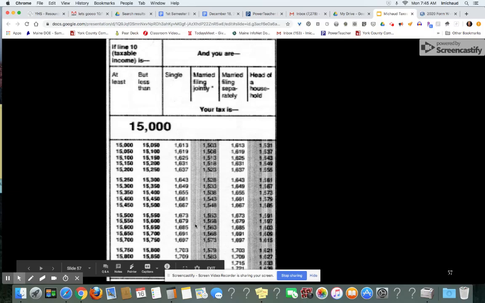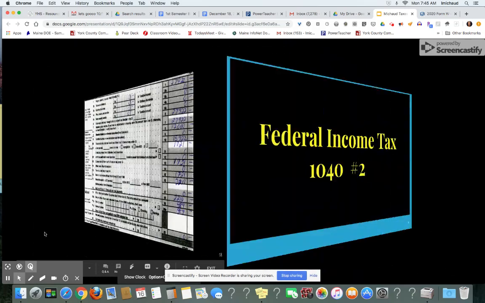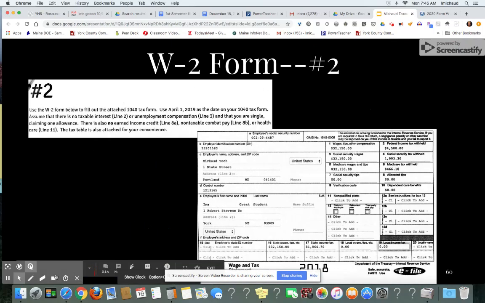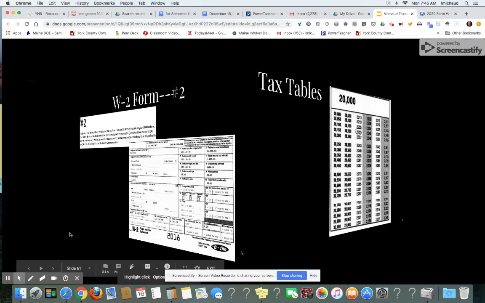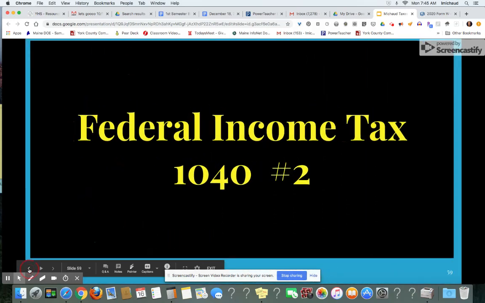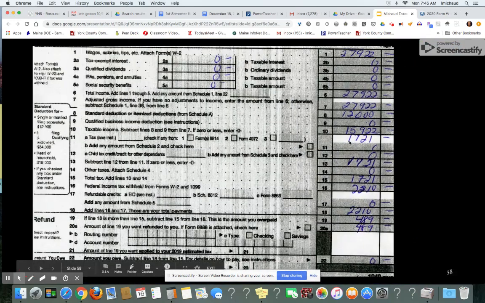And the intersection of that and single, and you will notice that that amount is, whoops, let's go back one here. Sorry about that. That amount is $1,721. So that's the amount that should have been taken out of your paycheck.